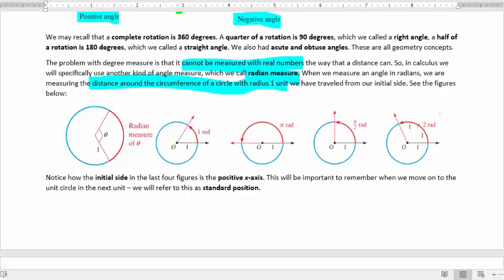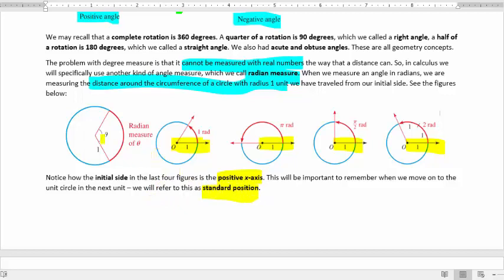In these diagrams, especially the four on the right, we're considering this to be our initial side, and you can think of that as the positive x-axis in a coordinate plane. We're going to refer to these angles as being in standard position.